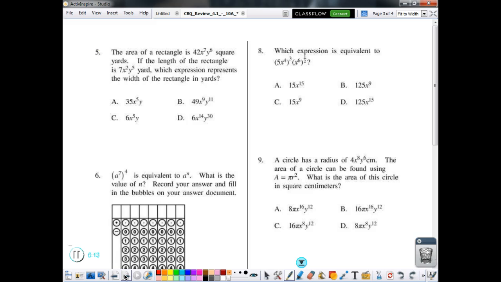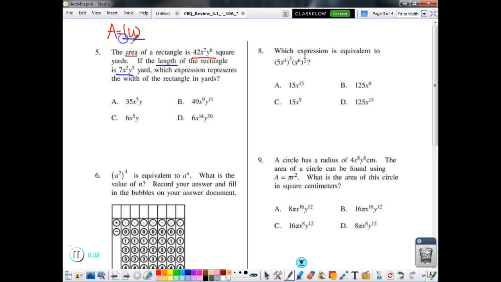So, for a rectangle, area is length times width, right? They give me the area, and they give me the length, right? But they want to know the width. What do I have to do to solve for the width here? Divide by what?